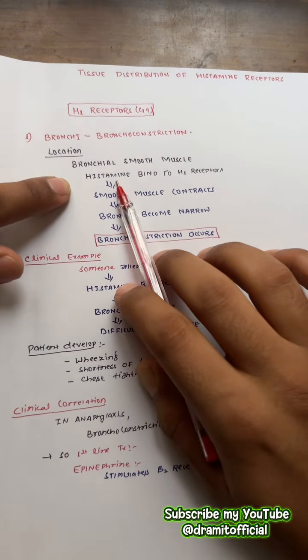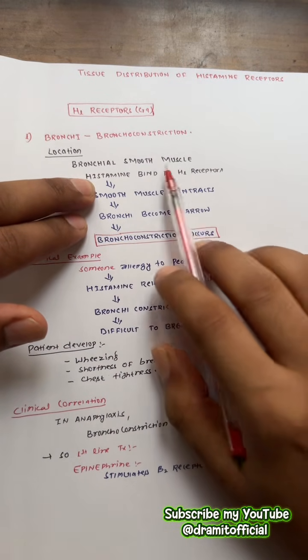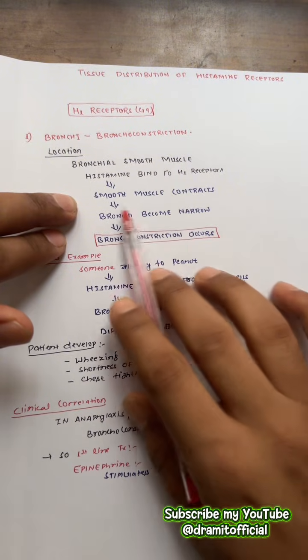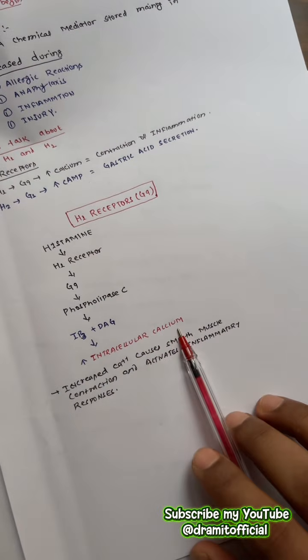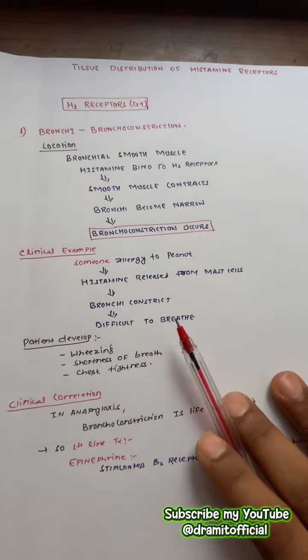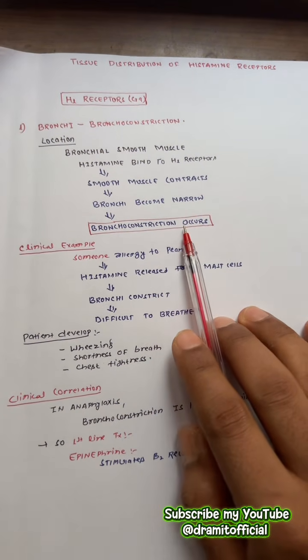When histamine is released in our body, these histamines bind to the H1 receptor of those bronchial smooth muscles. The smooth muscles contract, because we all know from the very first how this releases intracellular calcium and causes contraction of the smooth muscles. So the bronchi become narrow and there will be bronchoconstriction.